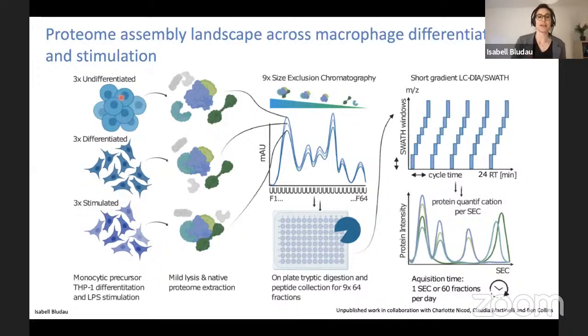We then differentiated them into macrophages and then stimulated them with LPS. And for each of these different conditions, we extracted the protein complexes, performed the size exclusion chromatography, and acquired the data with the 21-minute SEC-MS acquisition scheme.